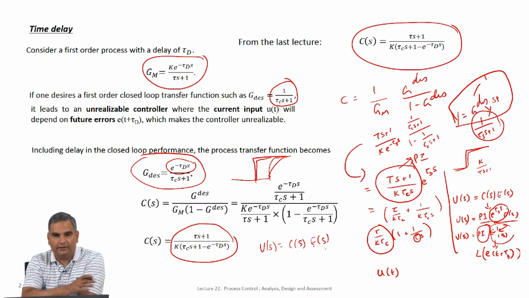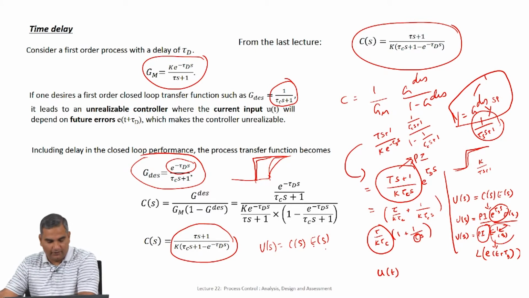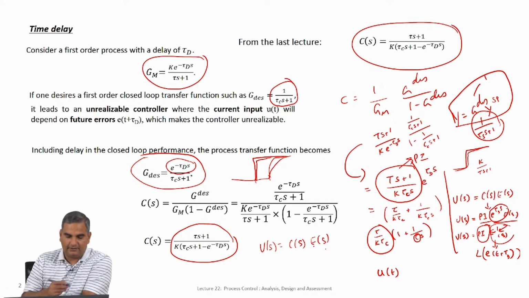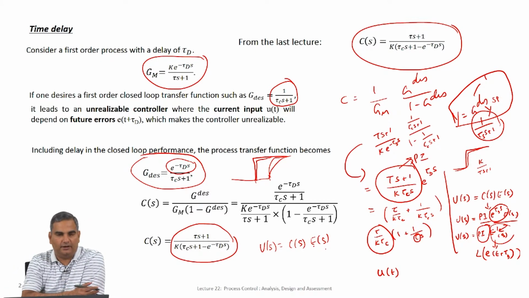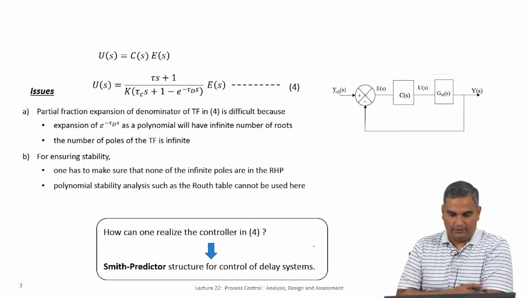So, I hope till now it is clear in terms of why we have to introduce this time delay in the desired and why that creates this new headache for us, which is that the CS is not in the numerator by denominator form, which we are very comfortable looking at, and for which we have all kinds of tools in terms of how to implement these, how to invert these and so on. Okay. So, you will have to see how we are going to do this.